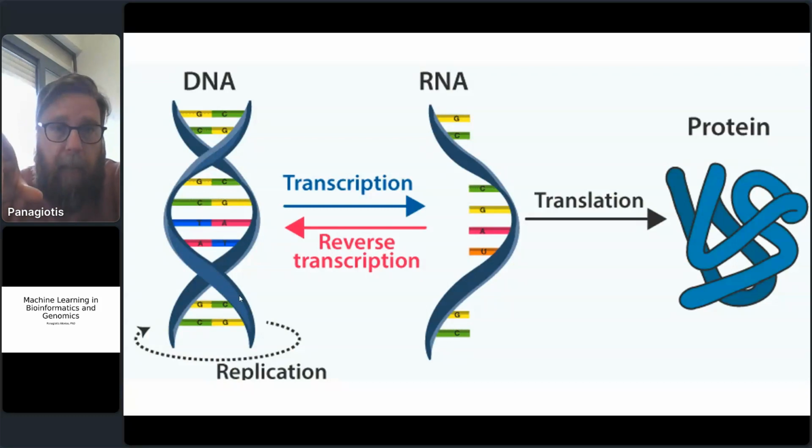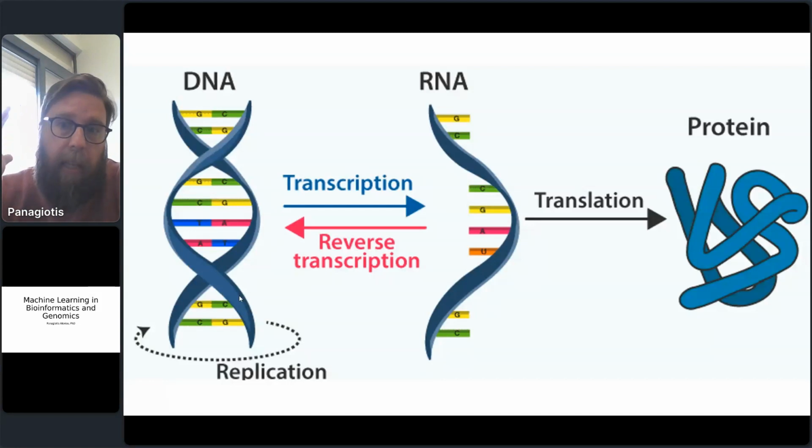The intermediate step between these two things is the RNA, and the RNA is very important because it's the way that information that exists in DNA is encoded so that it can produce proteins, but it's also in itself functional. So there's RNA that can act as a molecular machine and can do things in the cell.